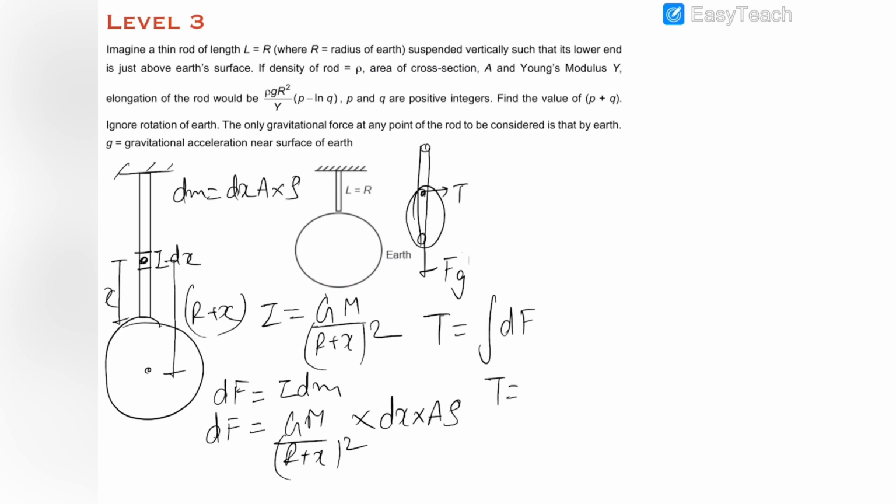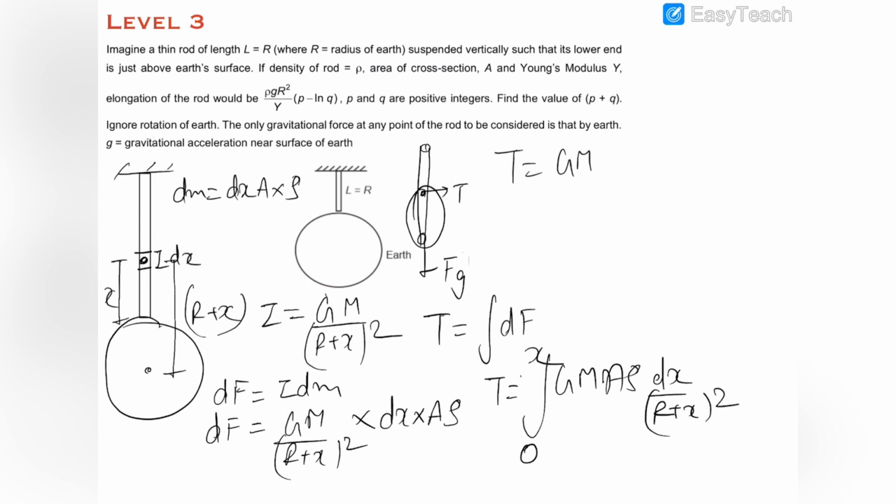So T will be equal to the integration of GM A rho into dx by (r plus x) whole square, and the limit of x would be from 0 to x. Therefore T will be equal to GM A rho, and the integration of 1 upon x square is equal to minus 1 upon x.